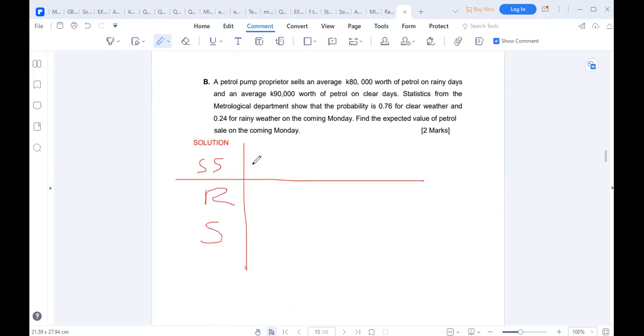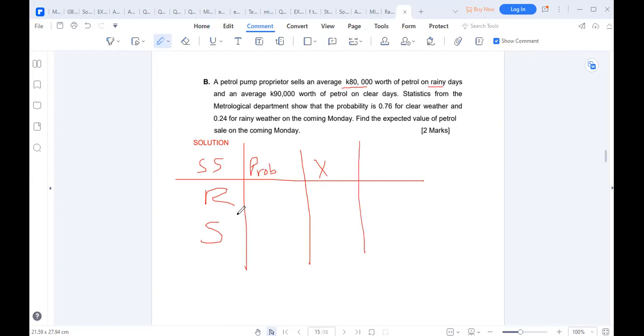So for the prior probability, or maybe we get the expected average, a value of X. So what is the value of X on a rainy day? Let's start with 80,000. 80,000 worth of petrol on a rainy day.